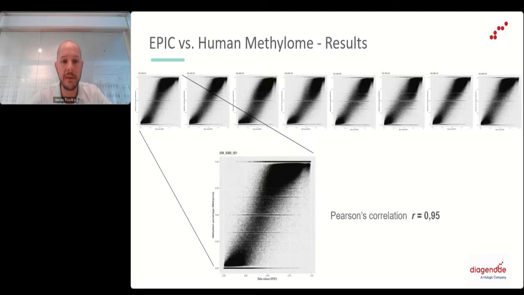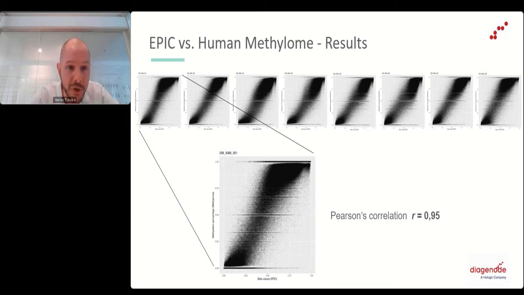The first thing we did was to compare and see whether the methylation values on the probes of the EPIC array, which are also included in the human methylome, were giving the same DNA methylation values. So we performed a correlation between the DNA methylation values obtained with the 2 technologies.